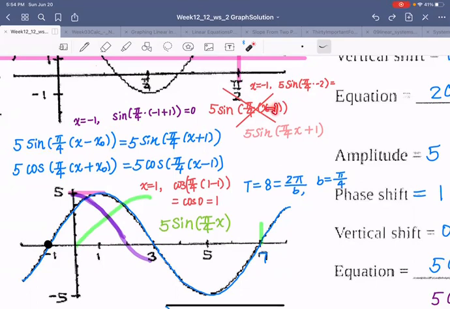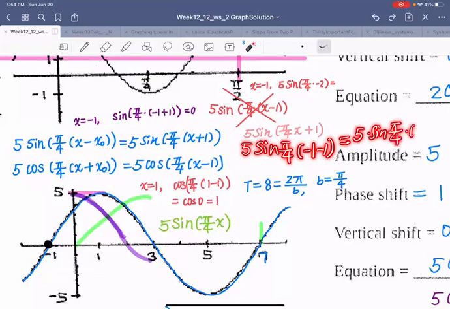Mm-hmm. And then -1 equals 5 sine of pi over 4 times (x - 2), how much?